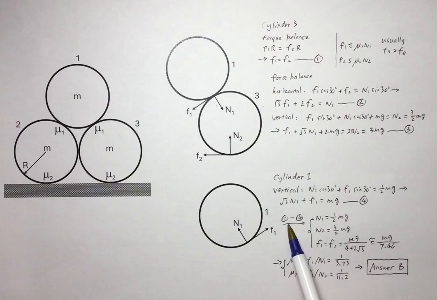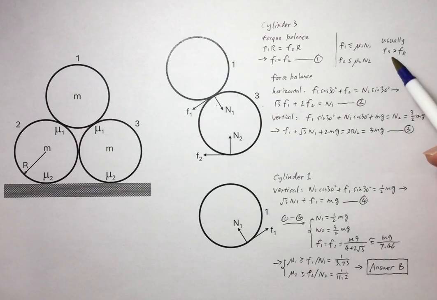From 1 to 4, then we get N1 is half mg, N2 is 3 over 2 mg, and F1 equal to F2 is mg over 4 plus 2 square root of 3, which with a quick calculation will become 7.46. Remember, square root of 3 is about 1.73.